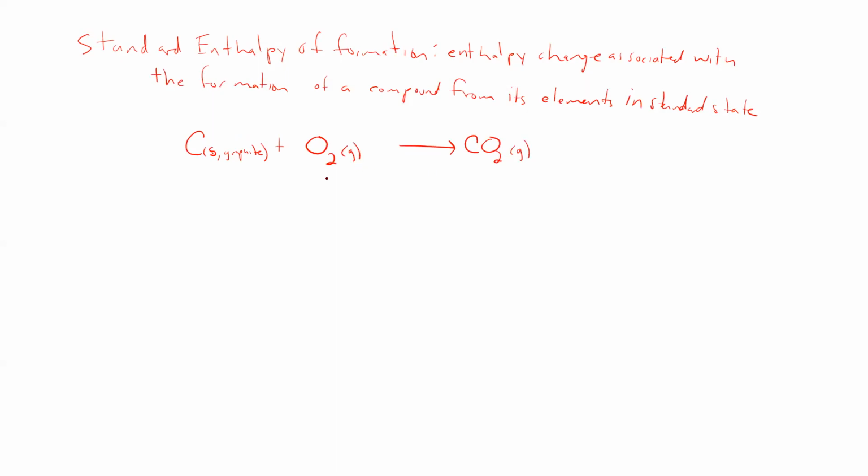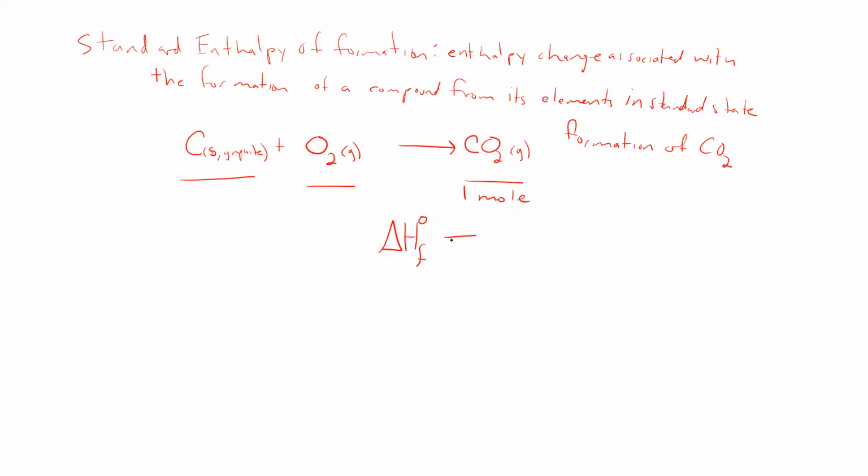That is the chemical equation for the formation of carbon dioxide. We have a compound formed from its elements in their most stable state, and it's balanced. But notice it's 1 mole of carbon dioxide. And so this will have a delta H naught of formation.